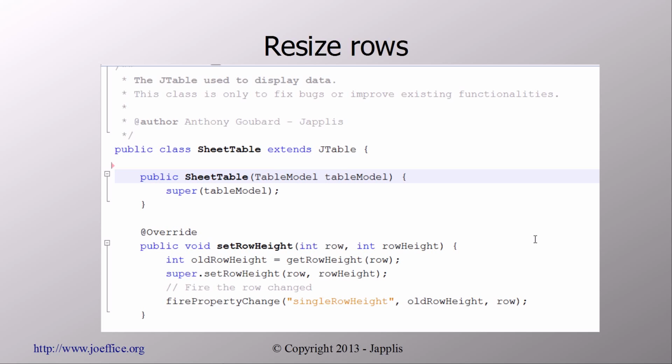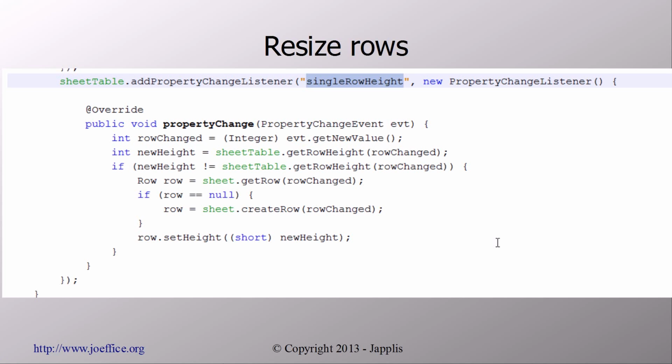For this, I need to extend the JTable component, because you only get an event when you call the setRowHeight for all the rows of the table. That throws an event, but if you want to resize one row, you don't get any events from there. So I just override the setRowHeight method and fire an event with it. Then I'm listening to this event.